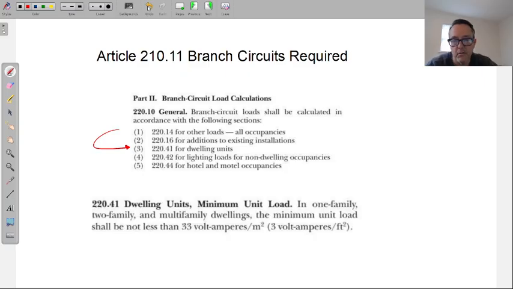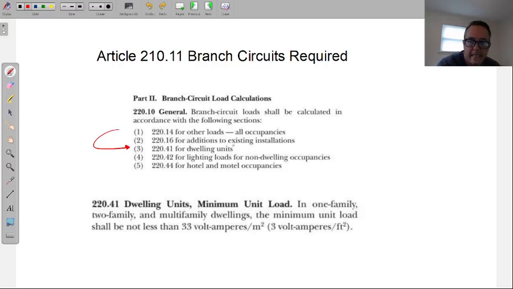For additions to existing installations. For dwelling units, for lighting loads, for, remember how I said that they describe it as non-dwelling unit occupancies? And for hotels and motels, as I said, they kind of fall under a house.